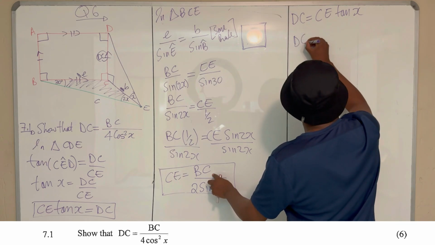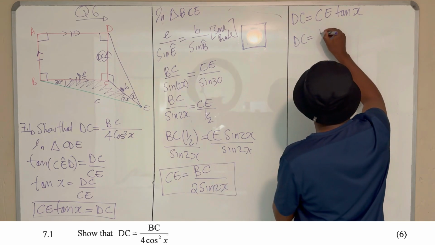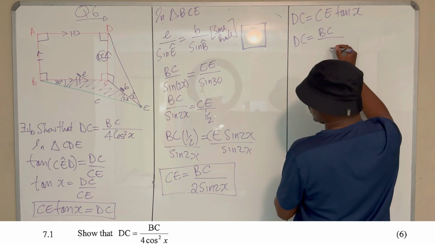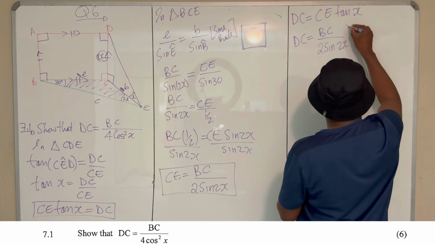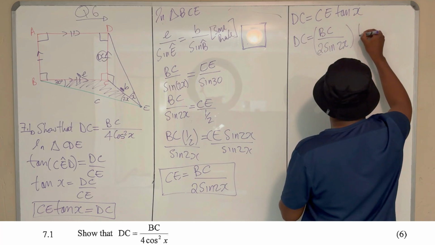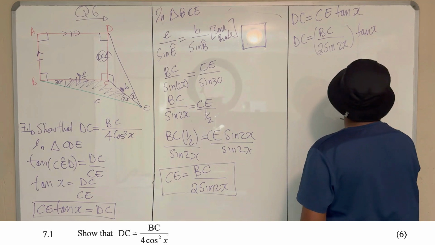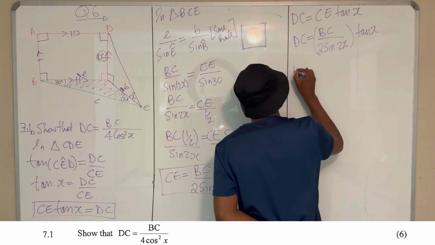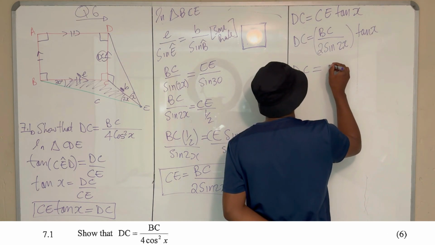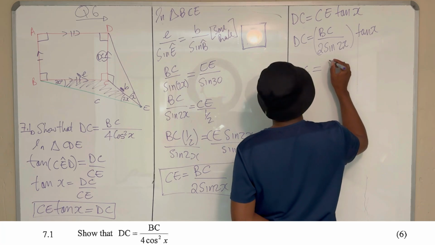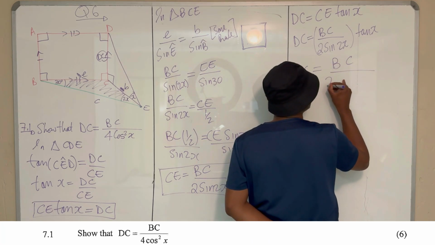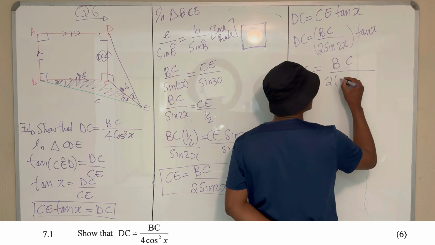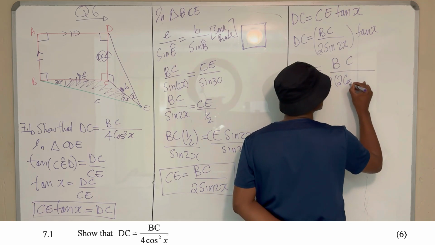So DC is equal to your CE, which is BC all over 2 sine 2x, times the tangent of x. In that case, your DC is equal to your BC over 2 times. What is this? You know this is a double angle. This is 2 cos theta.